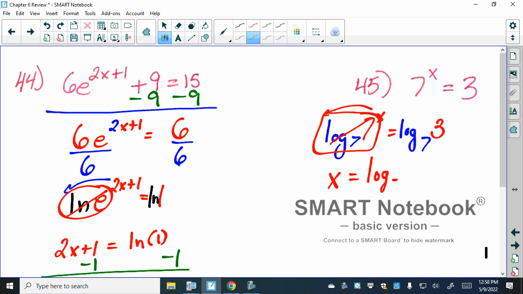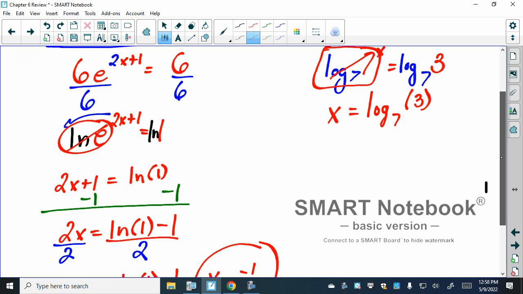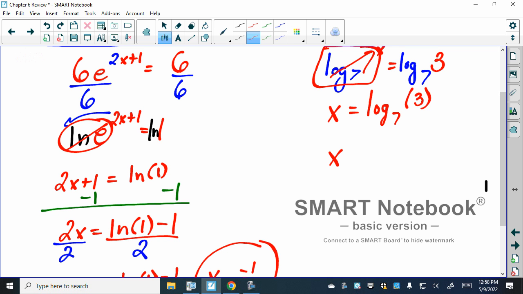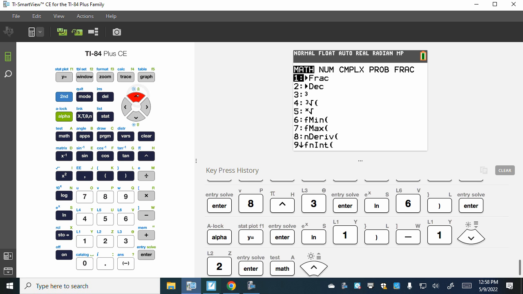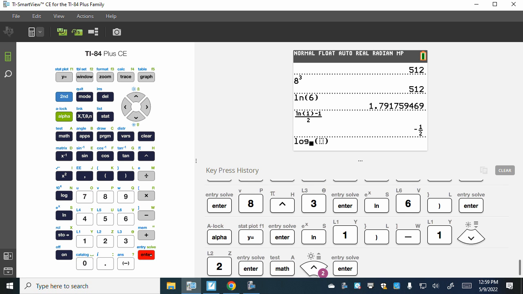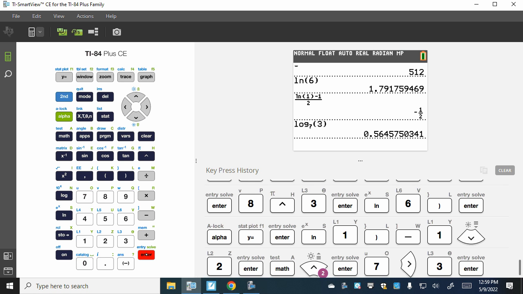On the other side, we have log base 7 of 3. And at this point here, we just need to type log base 7 of 3 into the calculator. And to do that, we can go math, up to log base and hit enter. So we're saying it's log base 7 of 3.